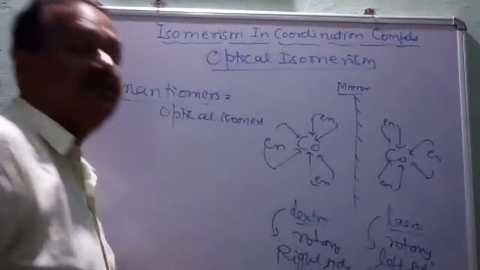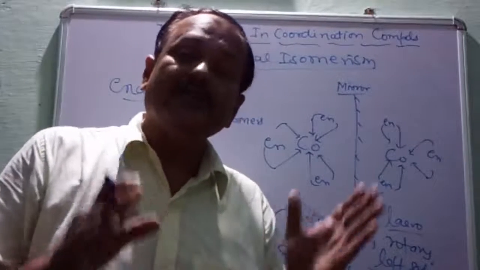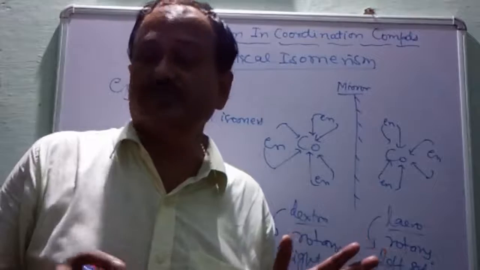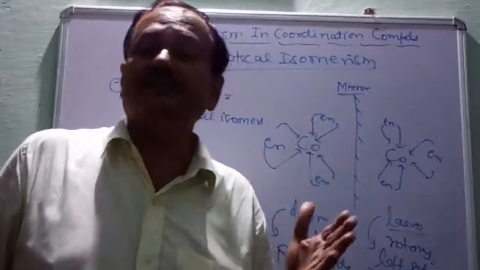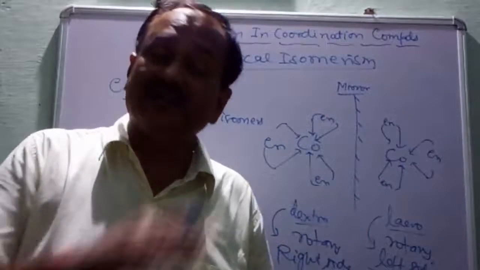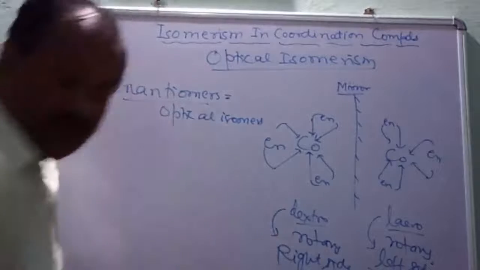What is the meaning of left and right side? Actually, we study optical isomers with reference to the ability of an enantiomer to rotate the plane of polarized light.